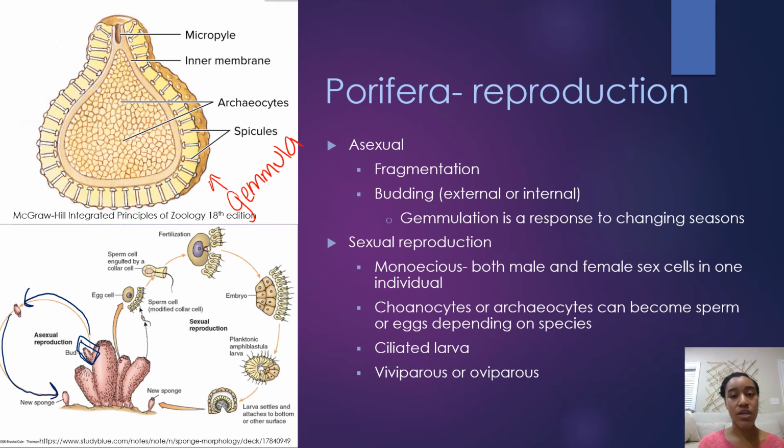So I mentioned choanocytes can play a role in reproduction. This is how. The choanocytes or the archaeocytes will become the sperm or egg, and the egg will meet with the sperm and give you fertilization. So after fertilization, cells start undergoing cell division and give us an embryo.